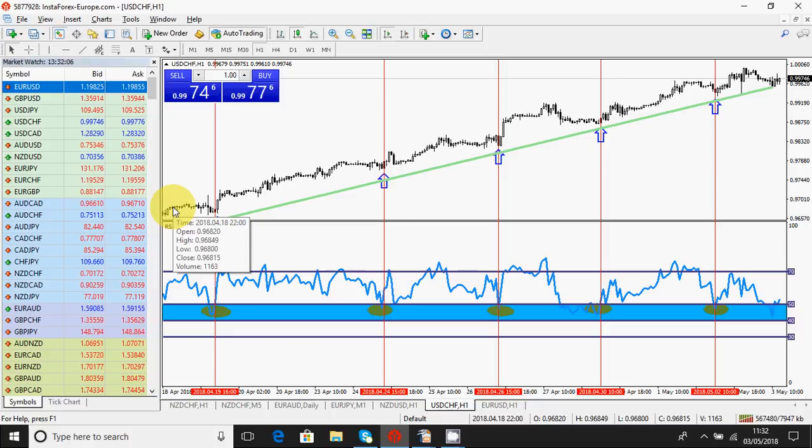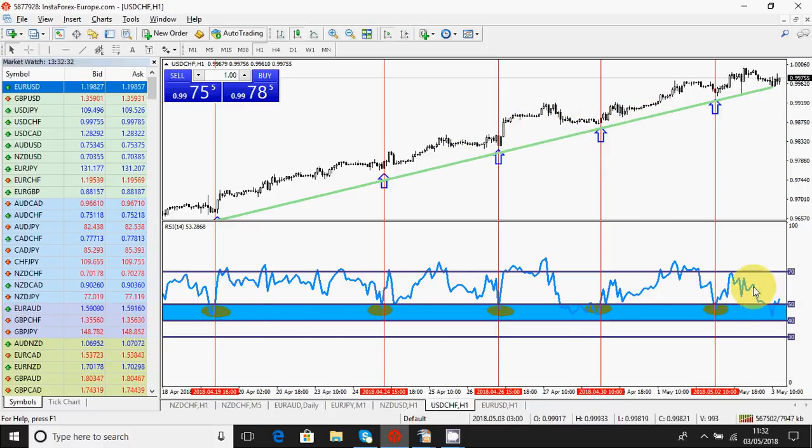This is about the 18th of April. So we have drawn a trend line, as you can see. The trend line is still intact. It's not broken. So this strategy works when you have a trend line that is supporting the price. This is a bull market, right?